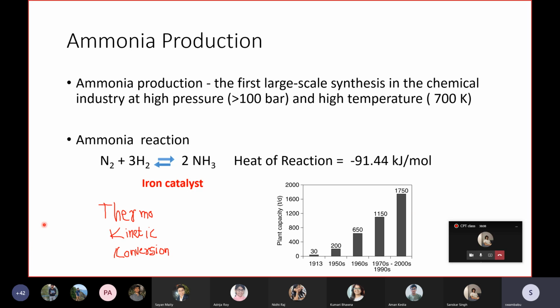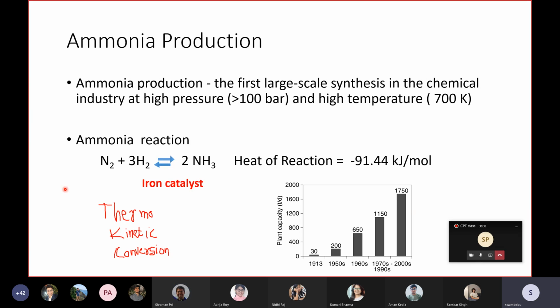What does thermodynamics give us? I think you already learned chemical engineering thermodynamics. Any idea what thermodynamics tells us? Temperature decision based on endothermic or exothermic.